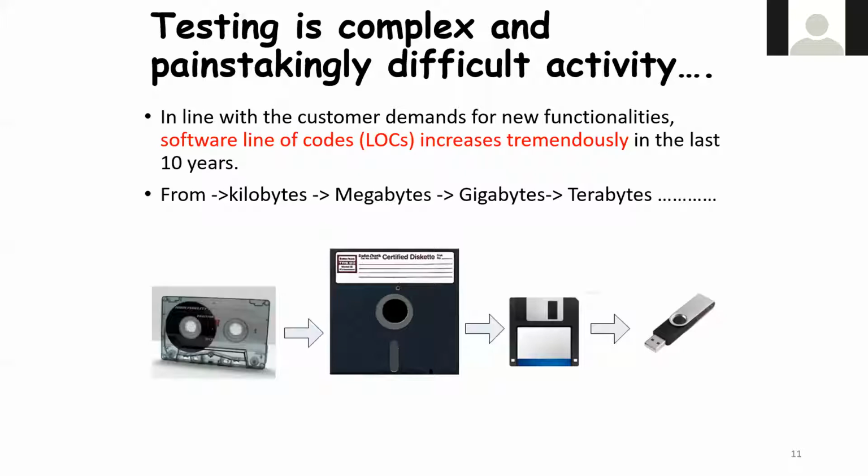The size of software keeps increasing from kilobytes to megabytes, gigabytes, and terabytes, owing to the sophistication of users and the functionality that users want. As a result, there are a lot of changes in terms of lines of code, making software testing a difficult activity. So this is the key thing we have to look into.